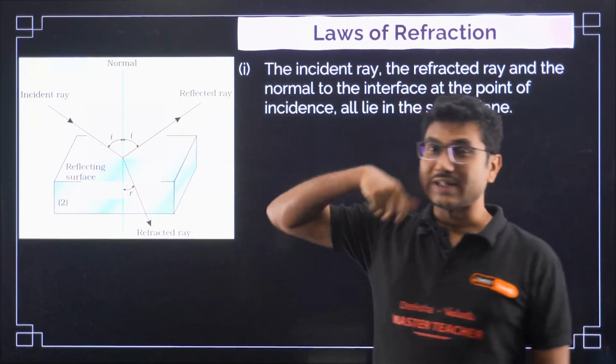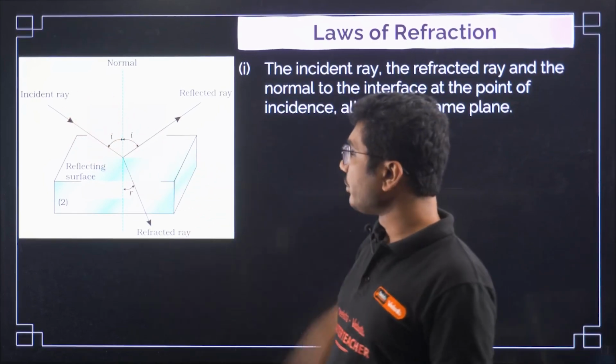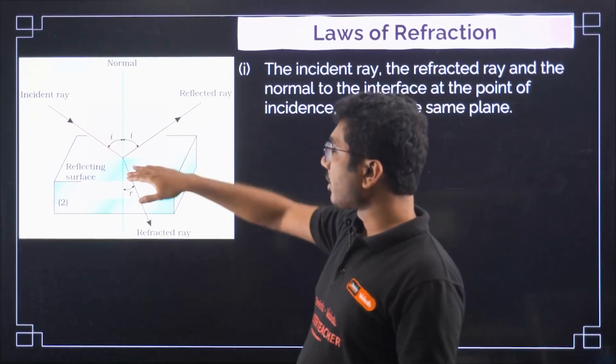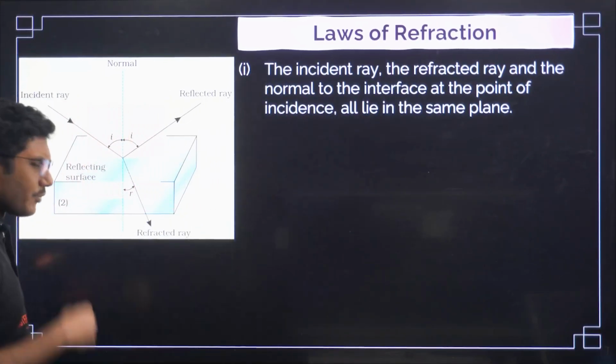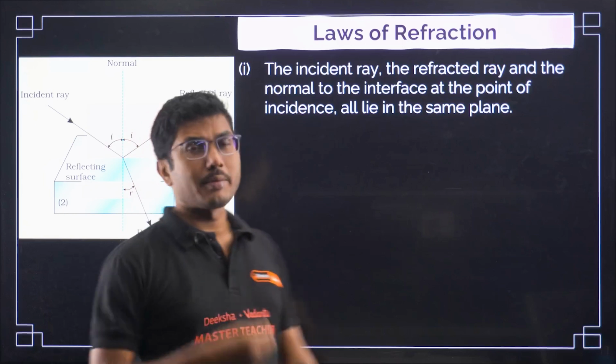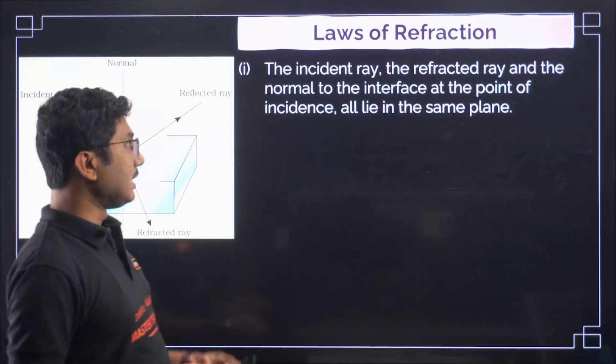So if you shine a torch on a glass of water, part of the light will go into the medium and part of the light will reflect back. So reflection and refraction are both happening, and obviously some part will be absorbed by the medium as well, but we will not talk about absorption in this lecture.